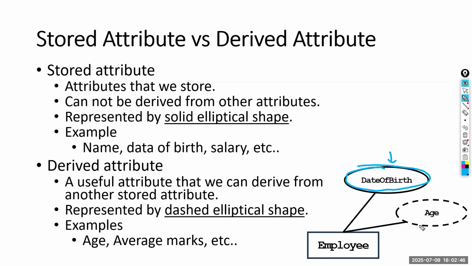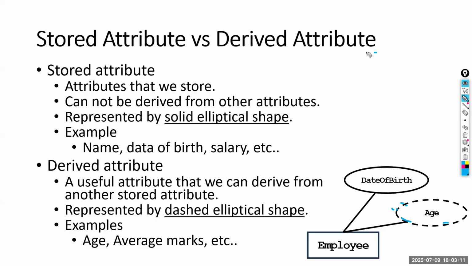For example, age. Every year age changes, right? Maybe now it is 20, but next year we need to change it to 21. That is a headache, right? But if you save the date of birth, at any time we can derive the age. That is current date minus date of birth. So therefore, age is a derived attribute, which usually we don't save.